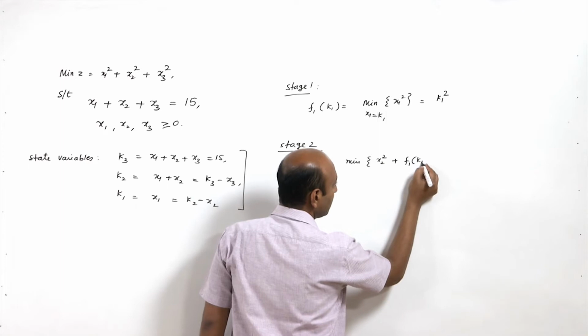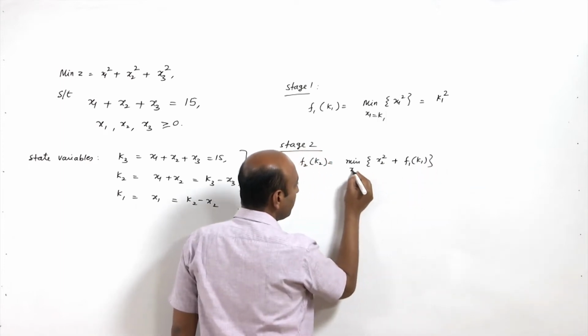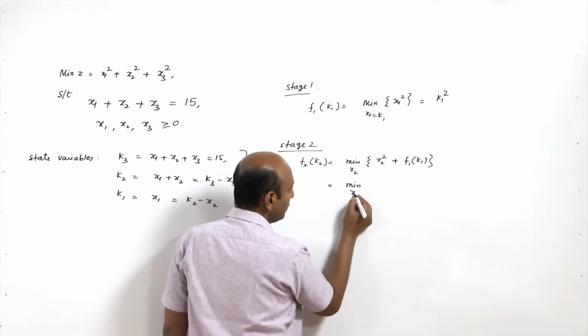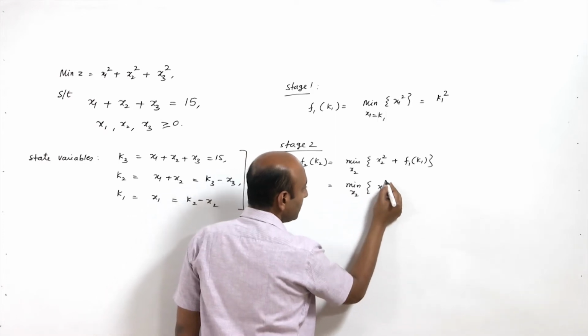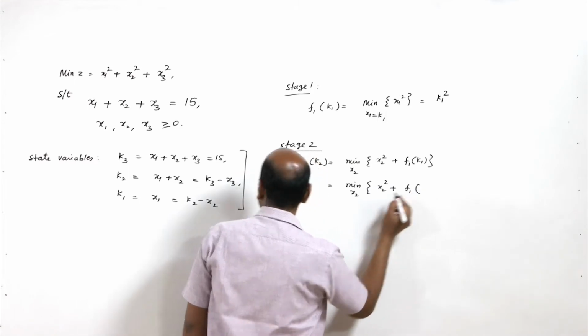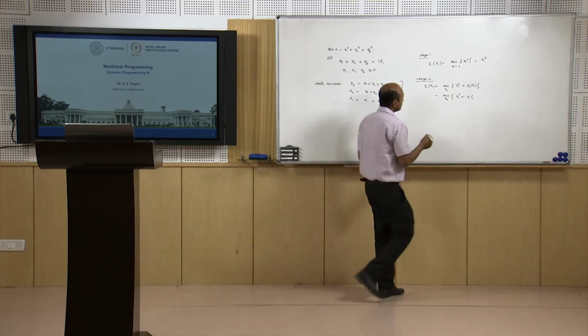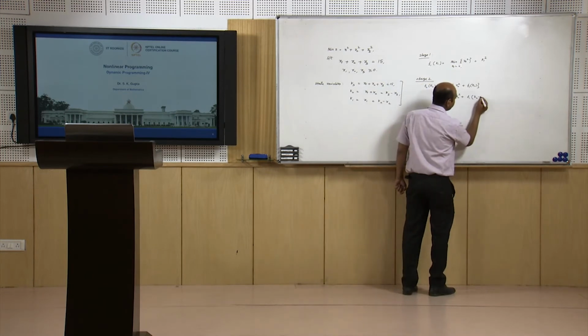f1 k1, minimum over x2. That equals the minimum of x2 square plus f1 of k1, and k1 is k2 minus x2.